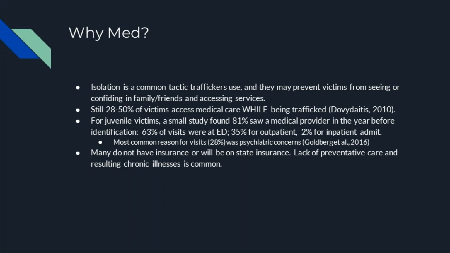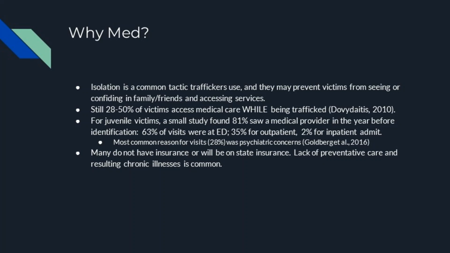Still, in this one study, it was reported that 28 to 50% of victims access medical care while being trafficked. And for children specifically, there was one study that reported about 80% of them had contact with medical providers in the year prior to their identification as being a trafficking victim. So about 2/3 of those were in the emergency department and about a third in outpatient settings.